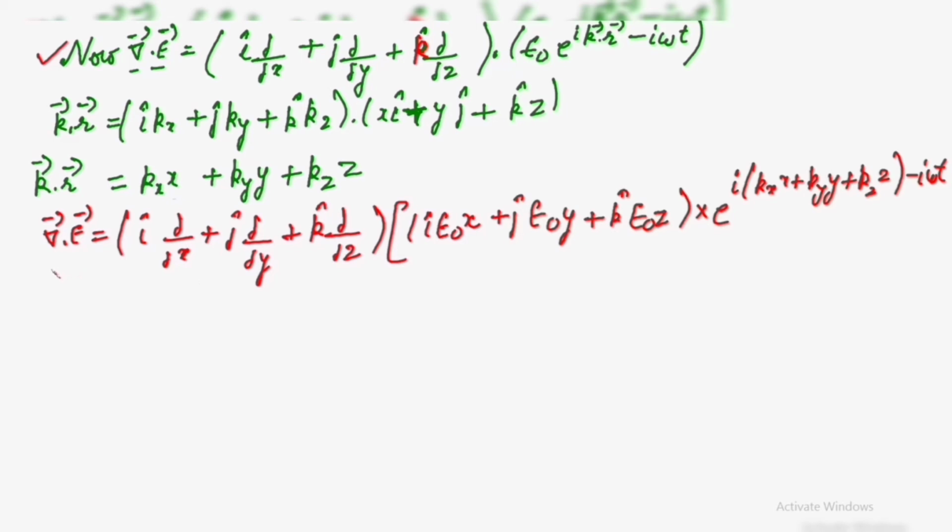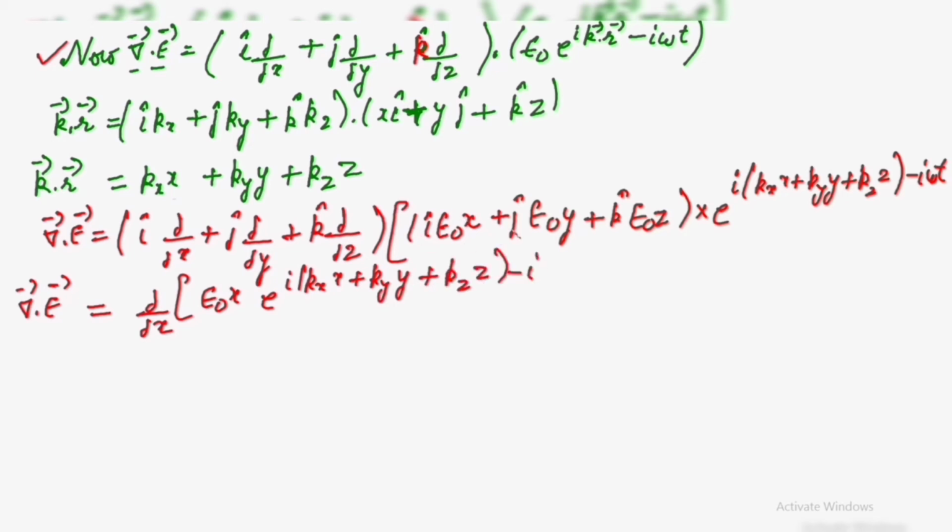Now we separate this equation with respect to x, y and z. So del vector dot E vector is equal to del upon del x, E naught x exponential i kx x plus ky y plus kz z minus i omega t.